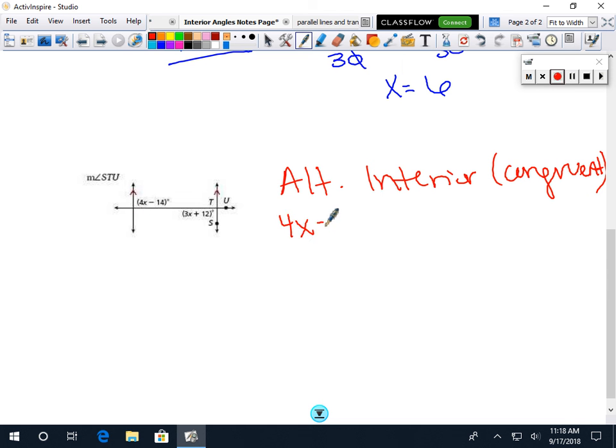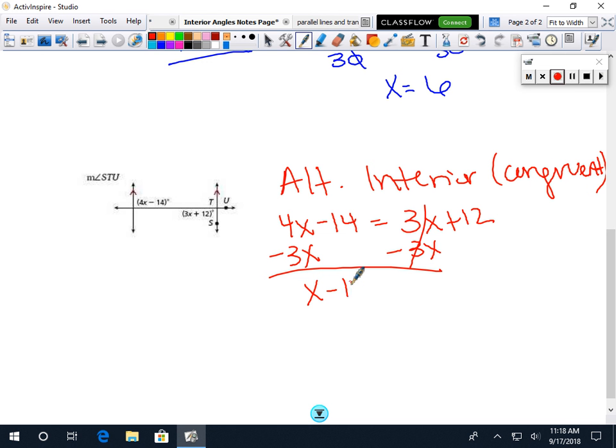So 4x minus 14 is equal to 3x plus 12. I'm going to subtract 3x from both sides. 4x minus 3x is 1x. Minus 14 is equal to 12. I'm going to add 14. And so x is equal to 26.